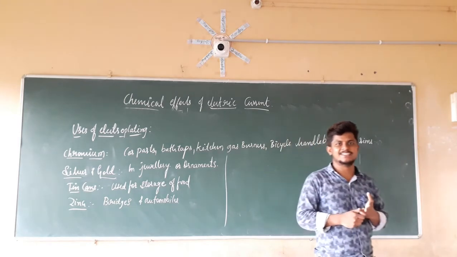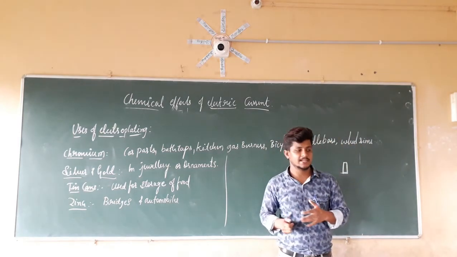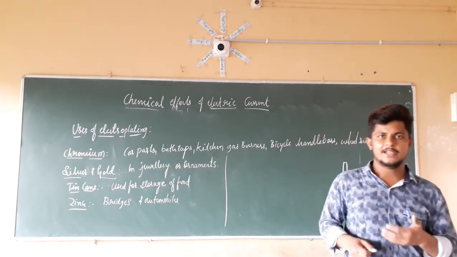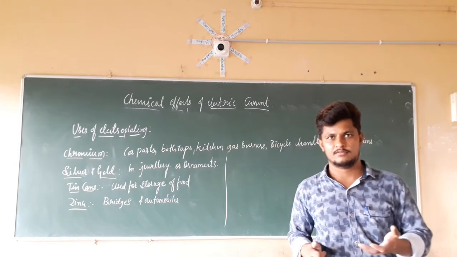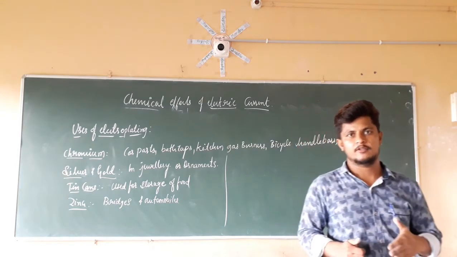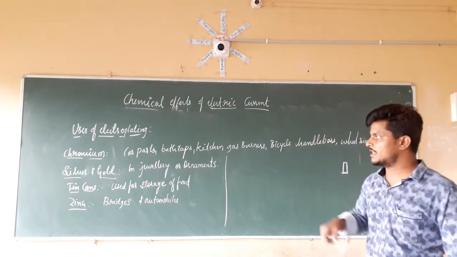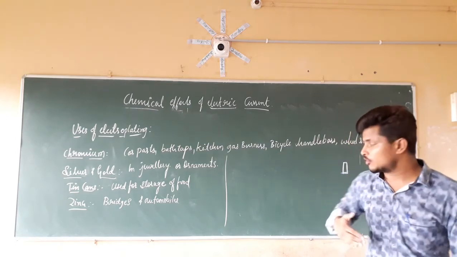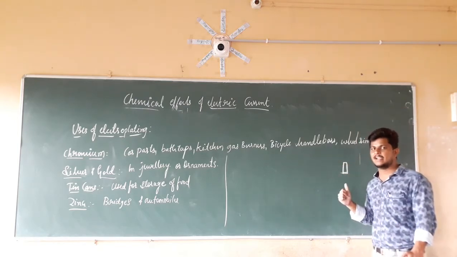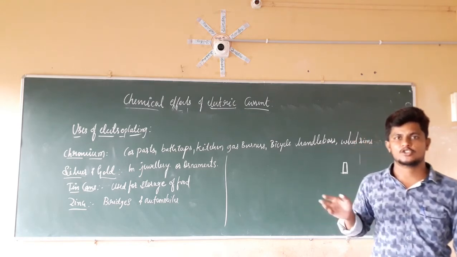Second one, its resistivity is less. Resistivity is more. We already know that iron generally corrodes easily. Because of that, there will be deterioration of the iron. To stop that, we are using chromium. So the chromium layer is going to protect the iron present inside it from corroding and deteriorating.